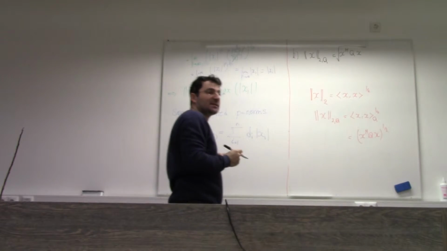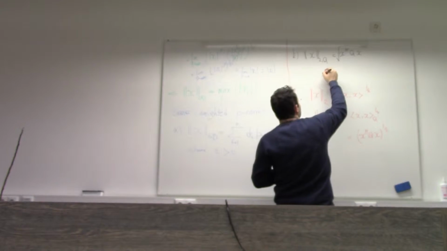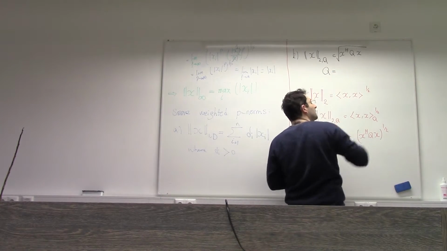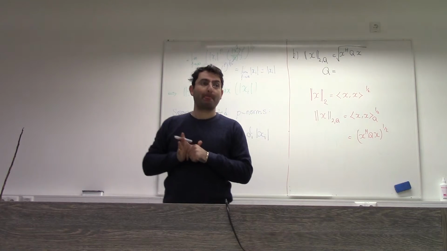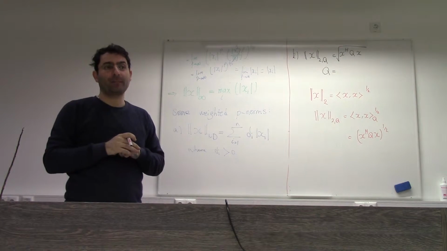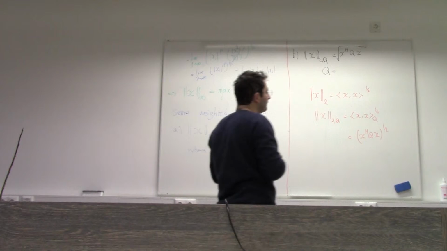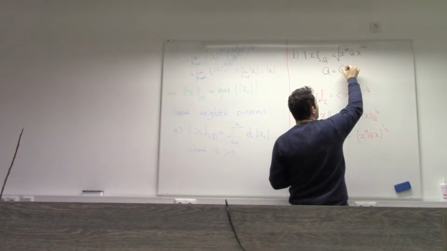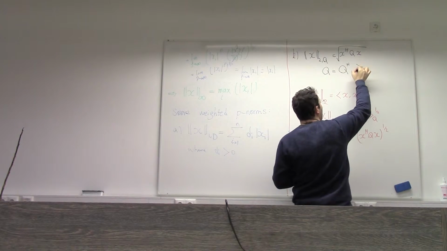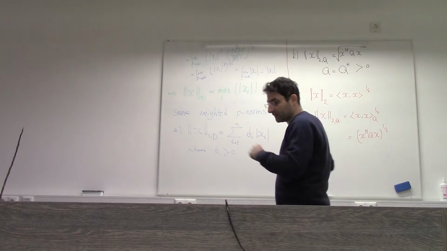And there was something about this q. What was the condition over the q? It should be n by n. It should be Hermitian. And it should be positive.